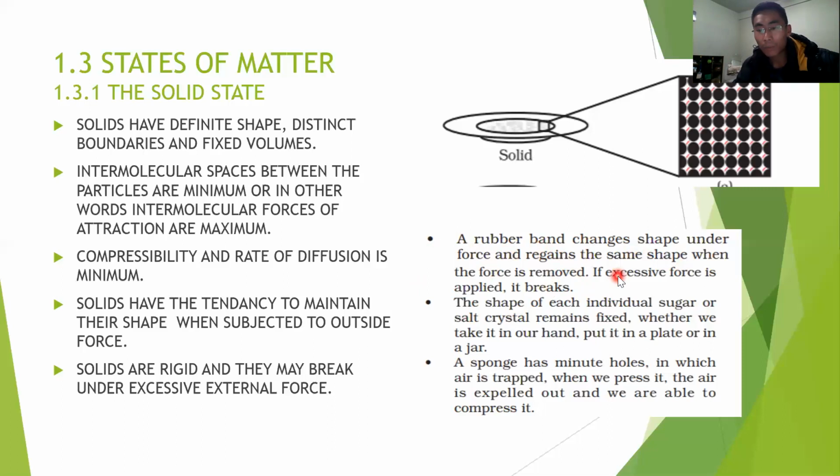And if excessive force is applied, then it stretches and then it breaks. So this is a solid. Then the shape of each individual sugar or salt crystal remains fixed, whether we take it in our hand, put it in a plate, or in a jar.